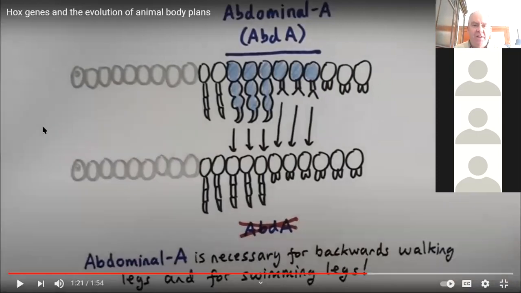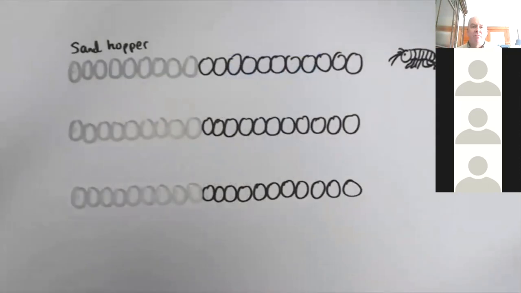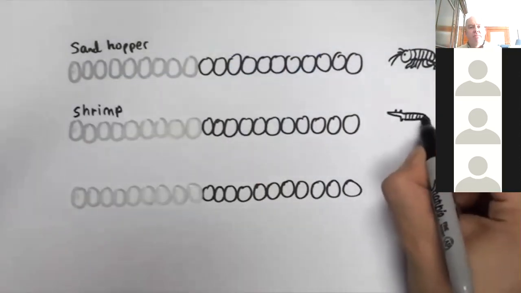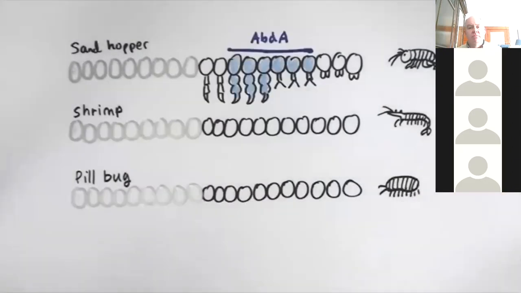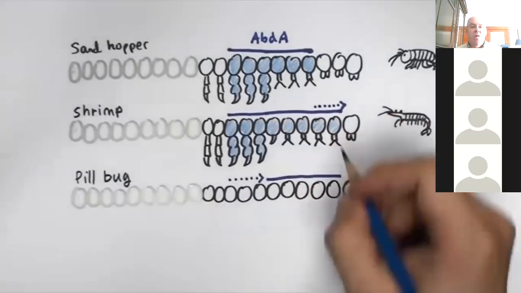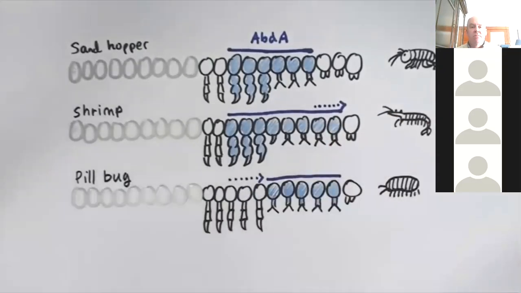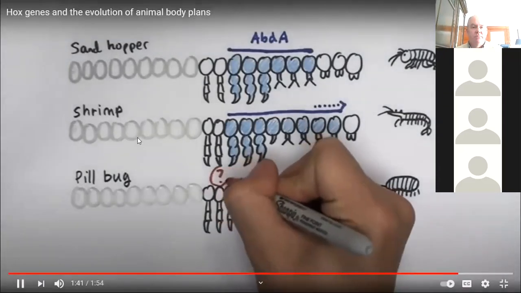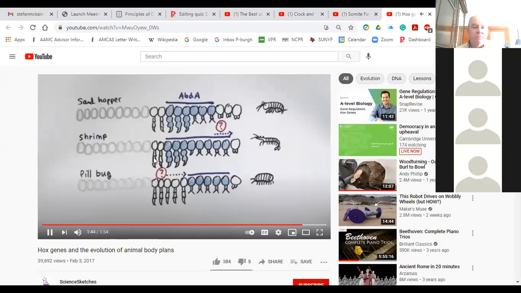The portion of the body that turns on the abdominal A gene has changed over evolutionary time. If we look at other types of crustaceans, such as shrimp and pill bugs, we can see that the part of the body that turns on abdominal A has changed. This change leads to a difference in the body plan of these other crustaceans. Currently, we are starting to determine what is responsible for the changes in where abdominal A is turned on.